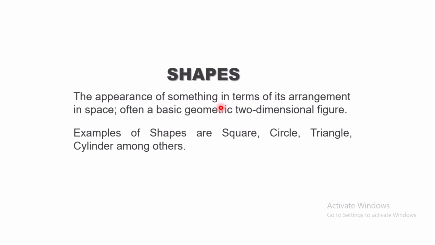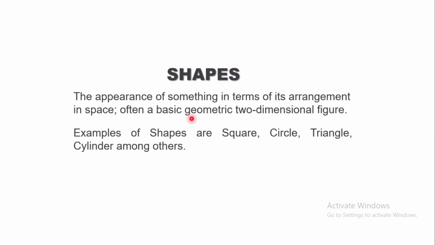A teacher will have to define and then explain, or sometimes he will define, and with time you get to understand his or her definition. So the appearance of something in terms of its arrangement in space, often a basic geometric two-dimensional figure, is referred to as a shape.